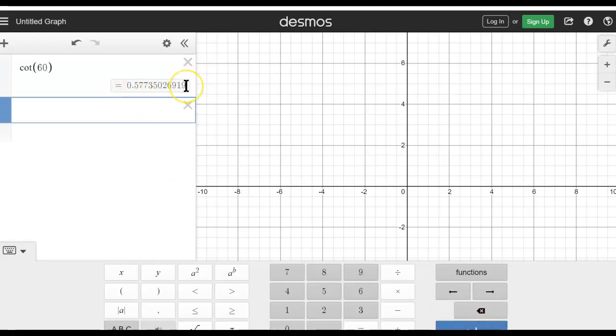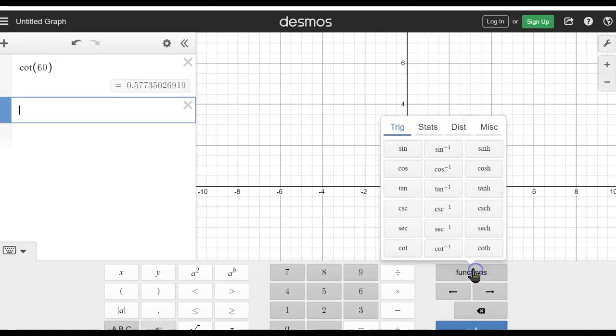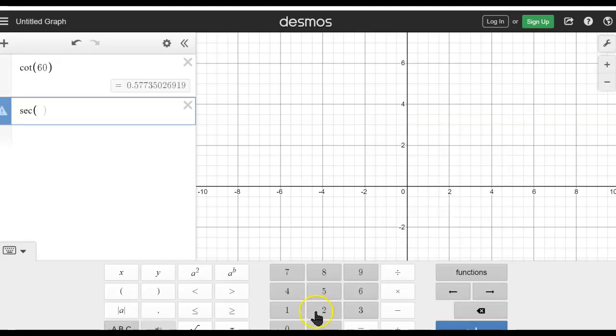Again, I get the exact same decimal answer, but as your instructor, I'm wanting you to give me the exact answer, that square root of 3 over 3. But some of the problems that we'll be looking at in class are ones that are not on the unit circle. So I might want to find, for example, the secant of 52.4 degrees.